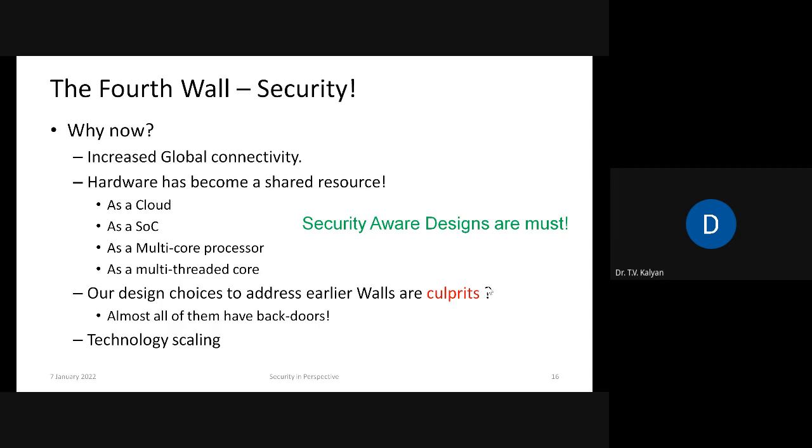And in addition to the first three walls I have listed here, we have technology scaling, resulting in more and more vulnerable hardware, meaning that the transistors switching very fast are very small. So we can trigger stray actions on them just by changing the voltage of the neighboring cells. For example, in the DRAM, we can affect the value stored in a cell. And that's the popular row hammer attack.